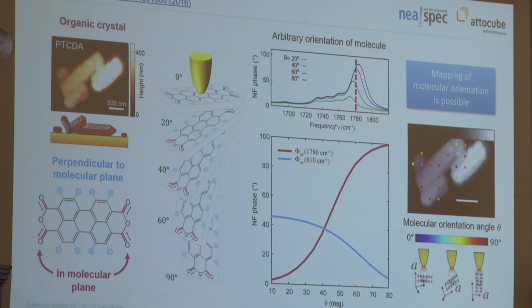And then you can see for a specific peak how it depends on the orientation angle. And then even extract from a nano-FTIR spectrum what the orientation of the molecule is. So this was mapped here. At every pixel, a nano-FTIR spectrum was taken. And then from comparing model and experiment, you can determine the orientation angle.